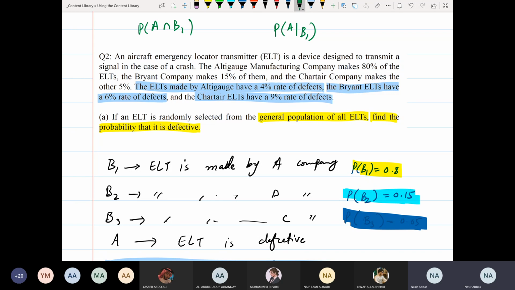This is basically a conditional probability. How do you know it? Because the question says the ELT is made by company A. So those made by company A have a 4% defect rate. Okay. Got the point or no? Yes, I got it.